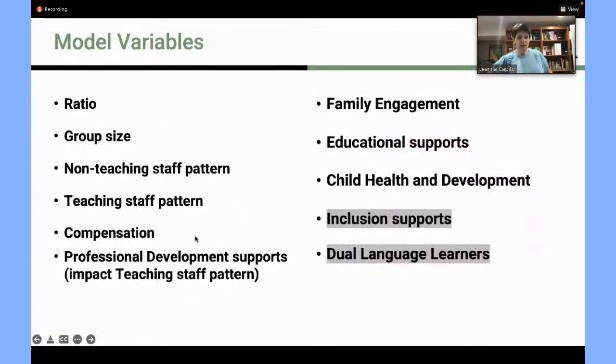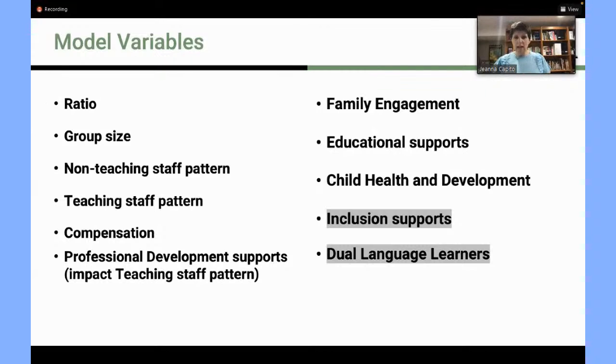The next piece of how the model functions is related to the variables. These became really important as we were having that conversation around what is the base, and understanding the idea of having certain variables be built into the base and thinking about what those variables would be. We actually have a slide where we're going to unpack this a little more, but I just wanted to offer as a reminder that we talked through all of these different concepts and then ultimately made decisions around what would be the value or the dollar amount in the model for the different variables.